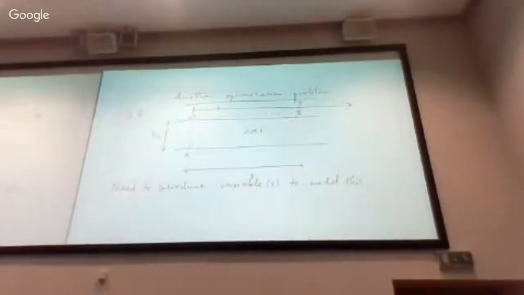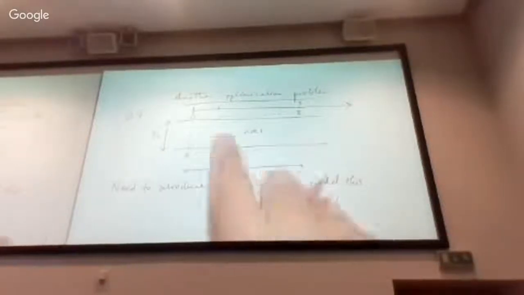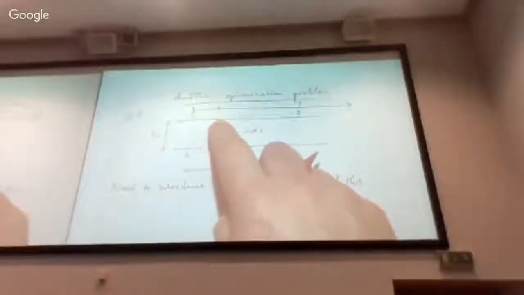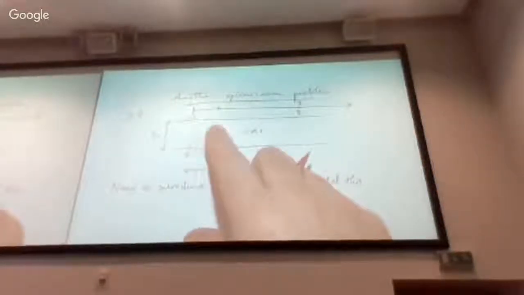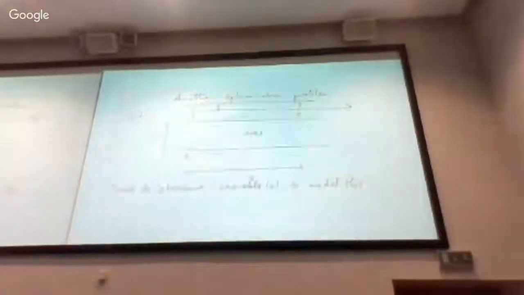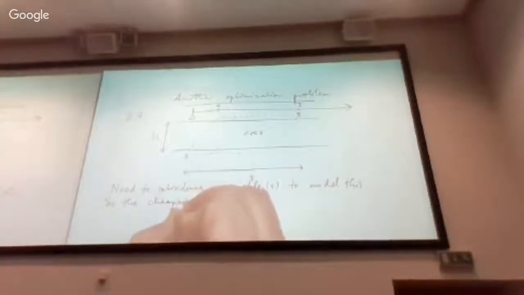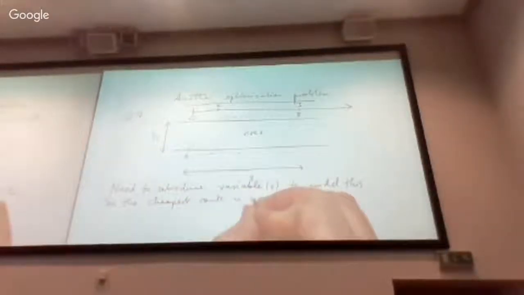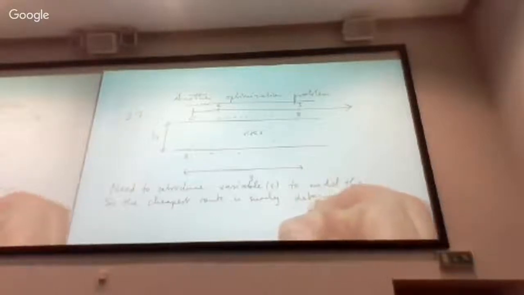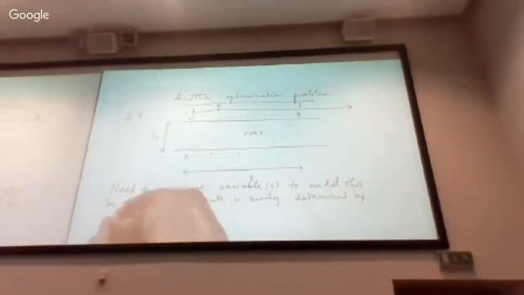And so then the one point that's indicating how we're building our pipeline is the location of this point on the opposite bank that we go diagonally across. So we can give that a name. And if it's not being used, maybe we prefer x. So x is that quantity there. So the cheapest route is surely determined by the value x.